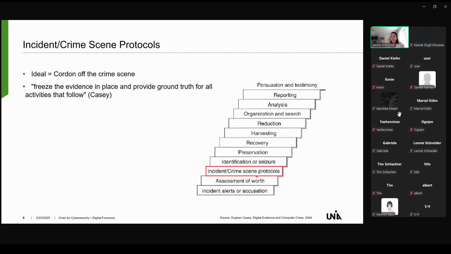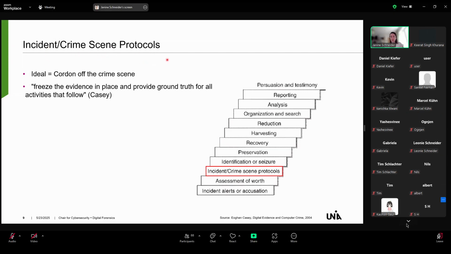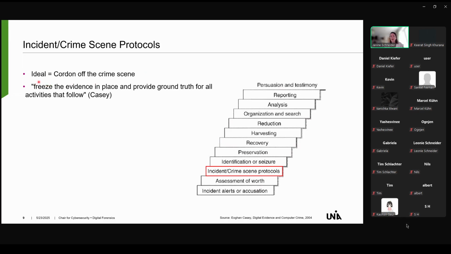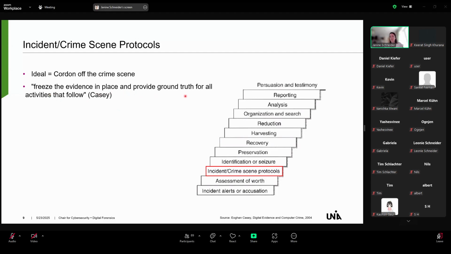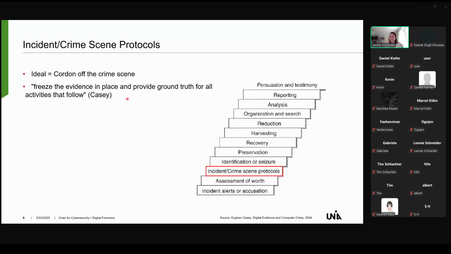So the next step on our staircase is the incident or crime scene protocol, in German Tatortsicherung. What you usually want to do, or what would be ideal, is to cordon off the whole crime scene, like isolate everything. And Casey says, freeze the evidence in place and provide ground truth for all activities that follow.